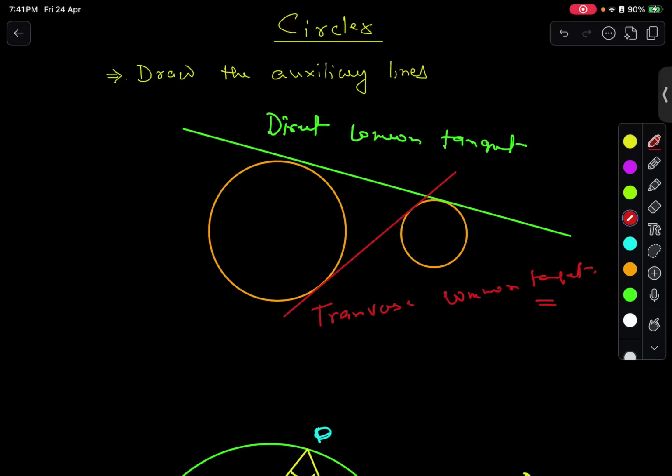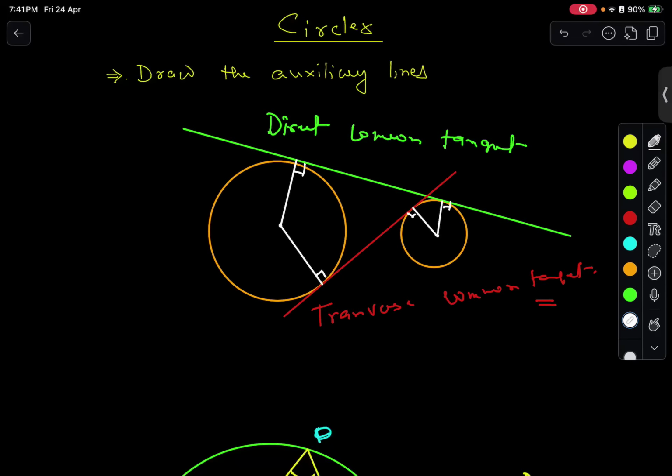Both tangents have the same property from the center. If you join this, it is 90 degrees. Joining this is again 90 degrees. This you are joining, this is 90 degrees. So the direct common tangent and the transverse common tangent.